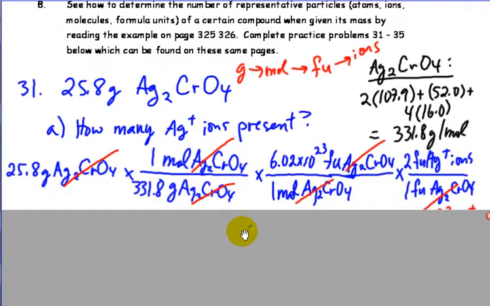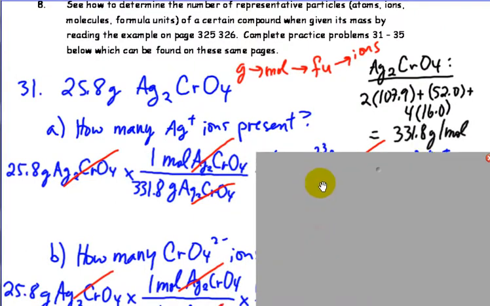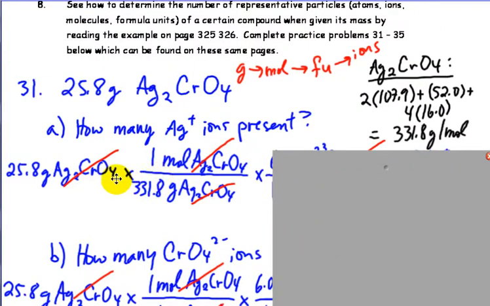So take a look here, gang. We have our molar mass here, 2 silvers, 1 chromate, 4 oxygens, so that adds up to 331.8 grams per mole. So the first part, converting using the molar mass, grams on the bottom, moles on top, so I can cancel grams. It's crucial that you show this canceling because then you can't make a mistake.